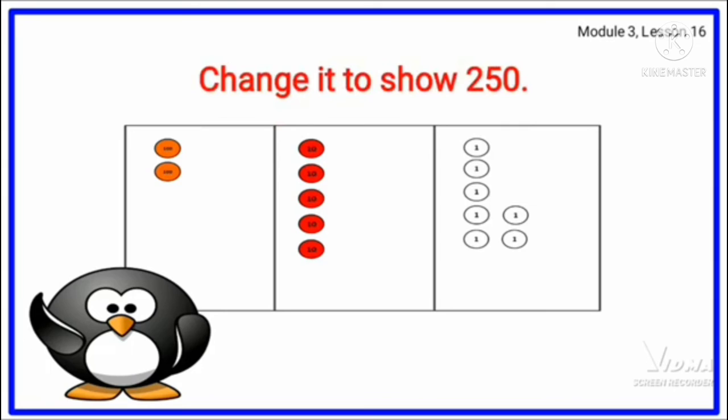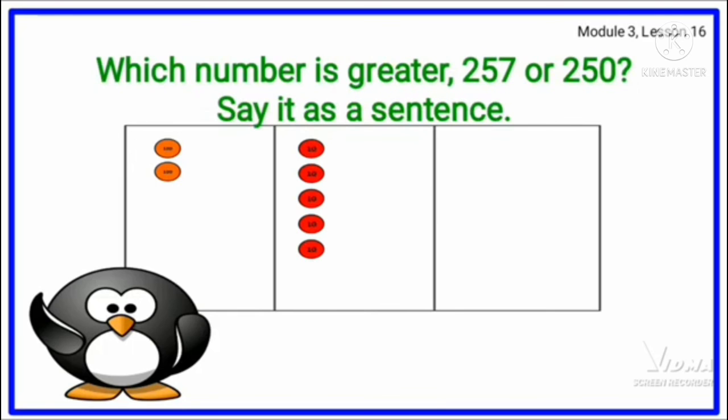Let us change it to show 250. 2 disks of 100 and 5 disks of 10. 250. Here's a question. Which number is greater, 257 or 250? Can you say that in a sentence?